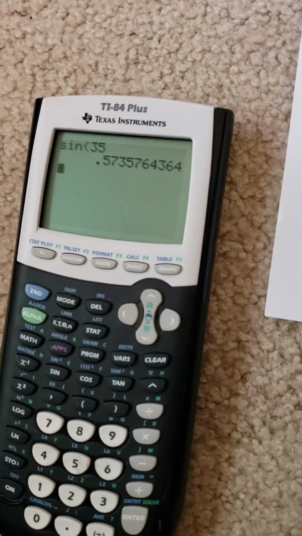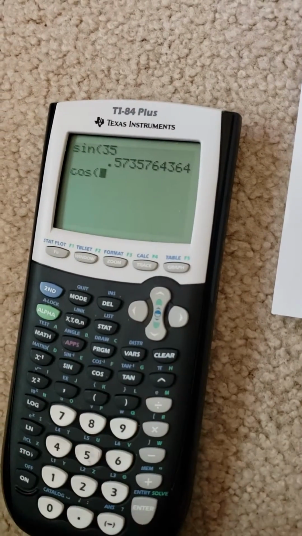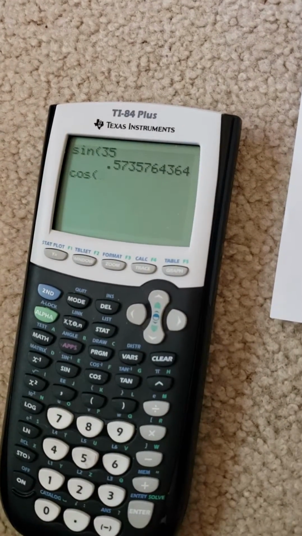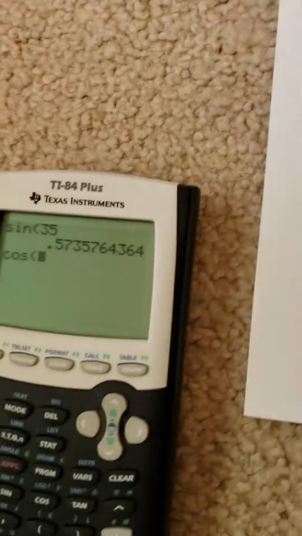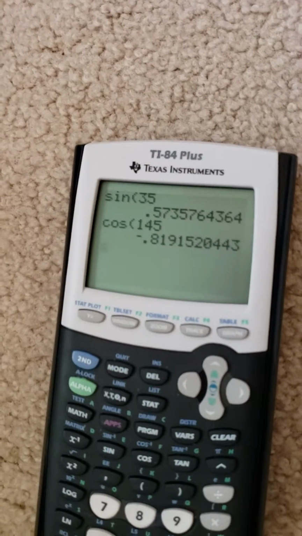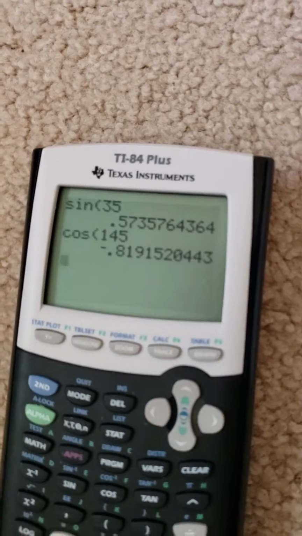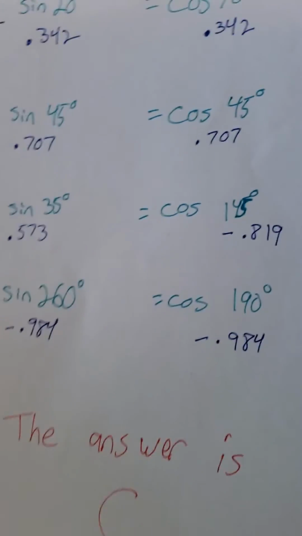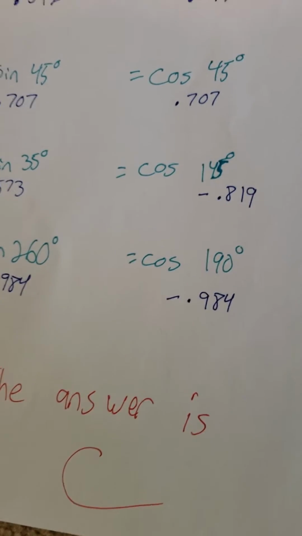It's going to give us that. Going to plug in our cosine of 145, which is going to give us that negative decimal, which is obviously not equal, which is why our answer is C.